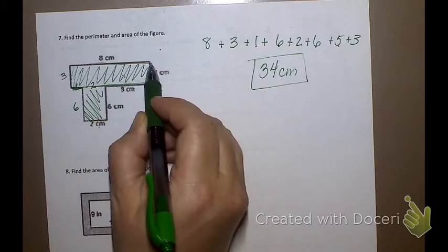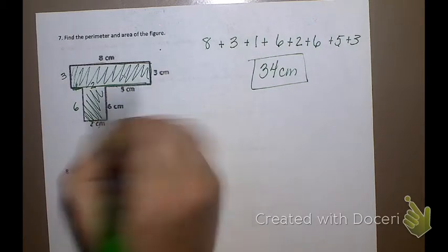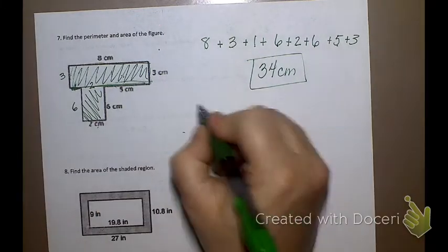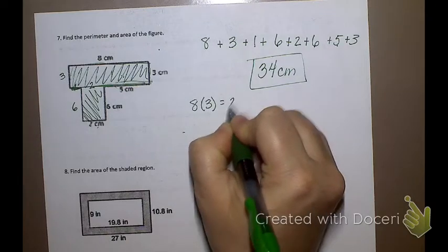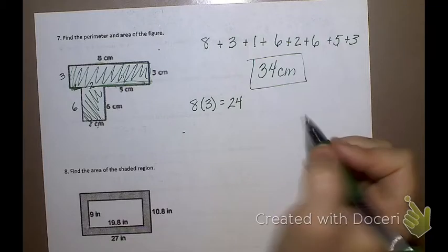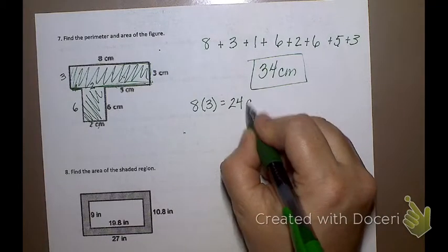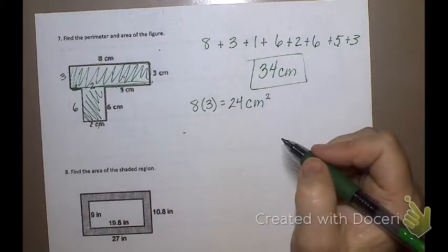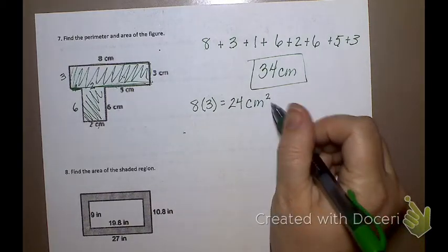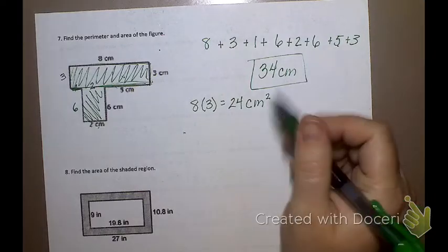Length times width, or base times height. Either way, it's going to be 8 times what? Okay? So that top rectangle has an area of 24 centimeters, and we always use squared when we're talking about area because it's two-dimensional, whereas perimeter is one-dimensional.